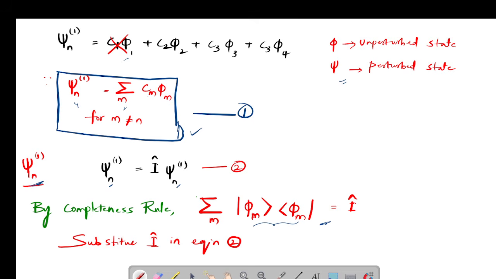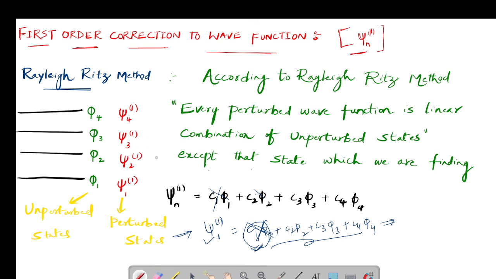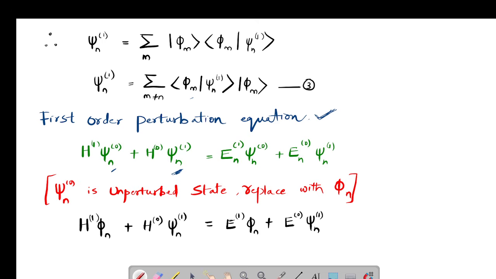So here if you see, we have considered phi 1, phi 2, phi 3, phi 4 up to phi n. These are what? Unperturbed states. That's why this psi n power 0 can be written in terms of phi. So that's why we are replacing it with phi n here. If you replace that, we get h power 1 phi n plus h naught phi n power 1 is equal to en power 1 phi n plus en power 0 phi n power 1.